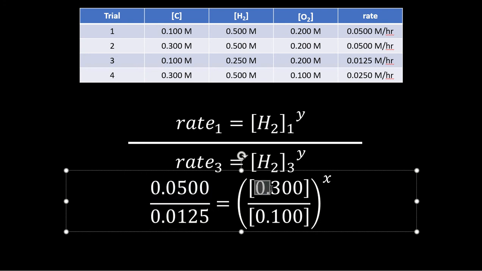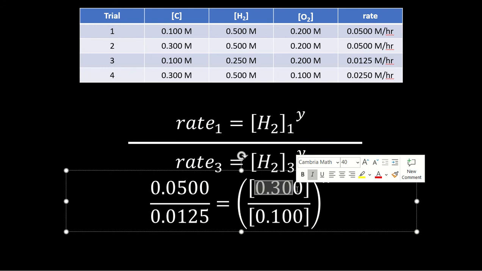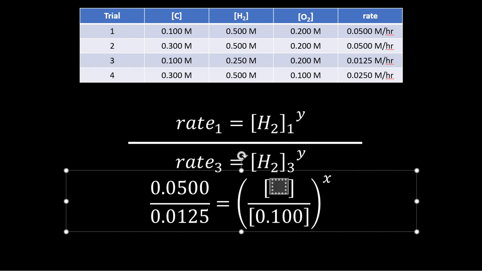And the concentration of hydrogen in trial 1 is 0.500 molars, and the concentration in trial 3 for molecular hydrogen is 0.250 molars.